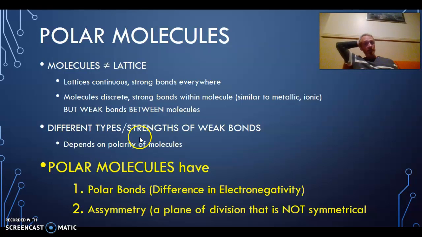Which type of weak bond it is depends on the polarity of the molecules, and that's why this is a key question. A molecule is polar if it's got two things. Number one, it has polar bonds, and number two, the charge is asymmetric.